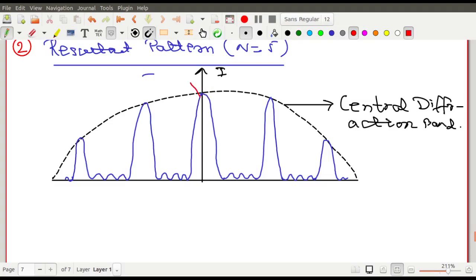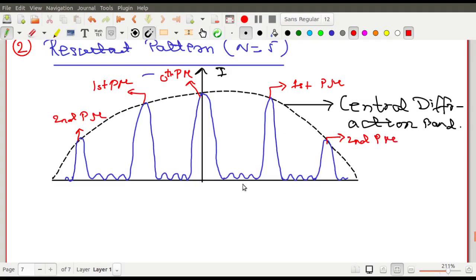This is the 0th order, this is 0th principal maxima, this is the first principal maxima due to interference, and this is the second principal maxima.